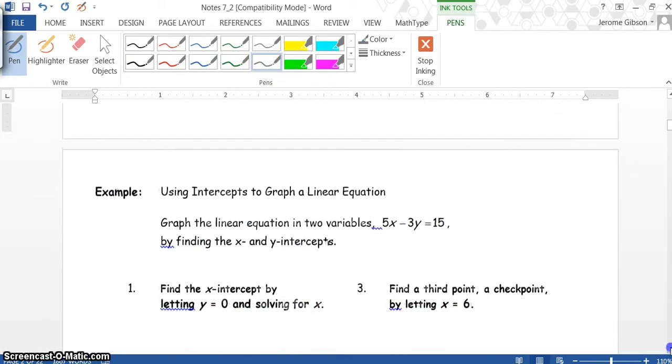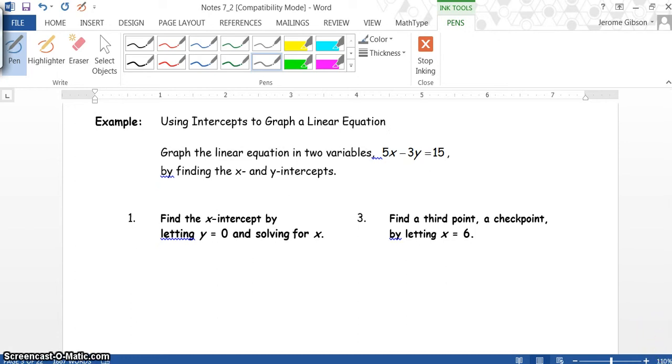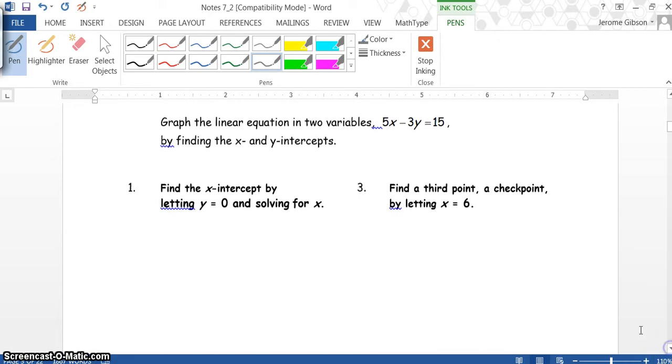Now we scroll down here. It says using intercepts to graph a linear equation. Graph the linear equation in two variables, 5x minus 3y equals 15, by finding the x and y intercepts. Now to make this a little easier, I'm going to do 1, 3, and then we will do 2 and 4 at the bottom. So with number 1, we have the equation 5x minus 3y is equal to 15.